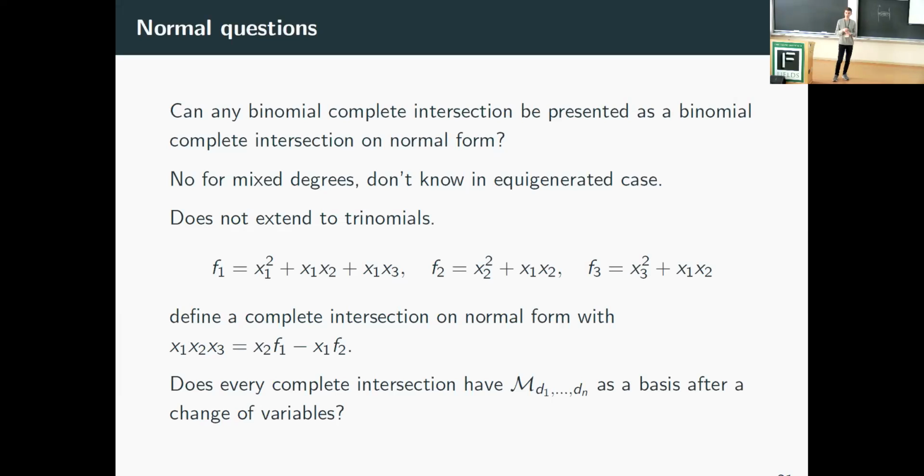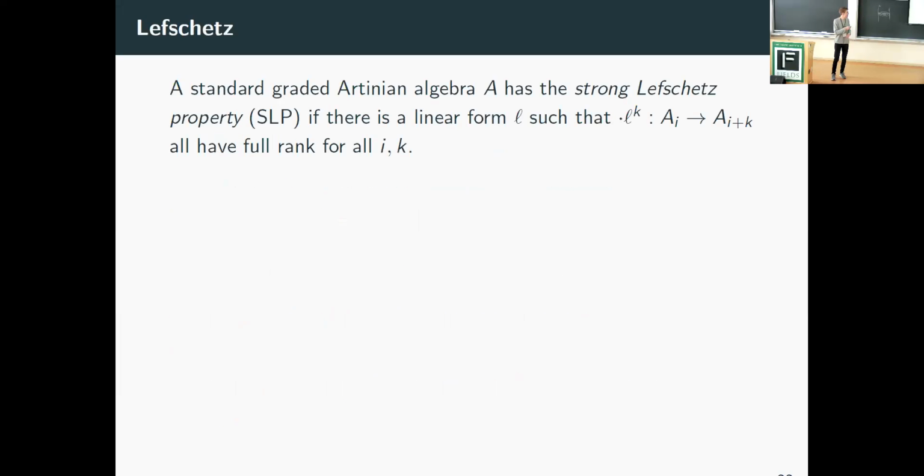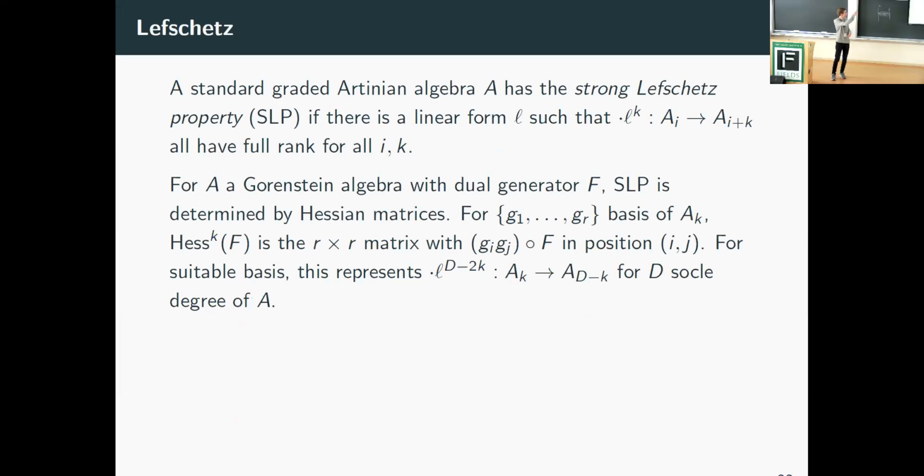Okay. And finally, this is our conference on Lefschetz properties. And I mentioned in the very first slide that yes, monomial complete intersections do have the SLP. Can we do anything for our families about that? Sadly not. We know what SLP is, and we know that we have found a nice monomial basis.